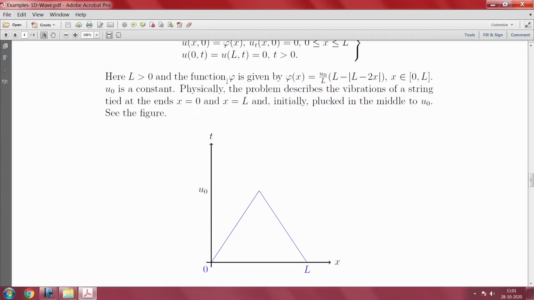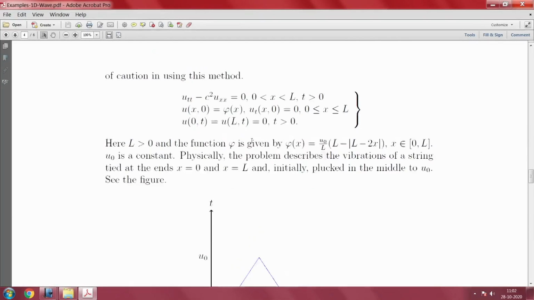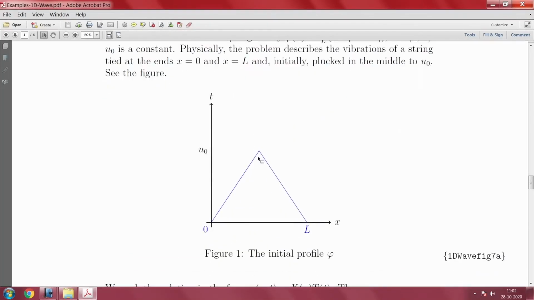So, here I have taken this. So, physically this describes the motion of a string which is tied at the ends 0 and L, and plucked in the middle to a distance of u0. It can be below or above. So, I have just drawn here.